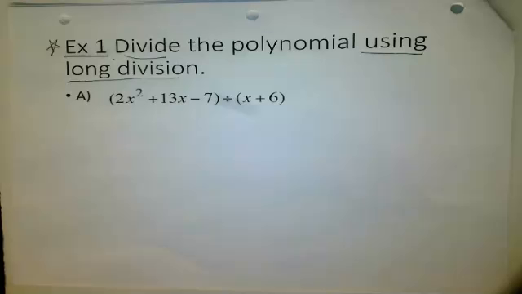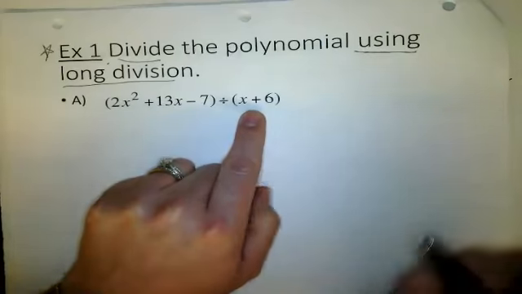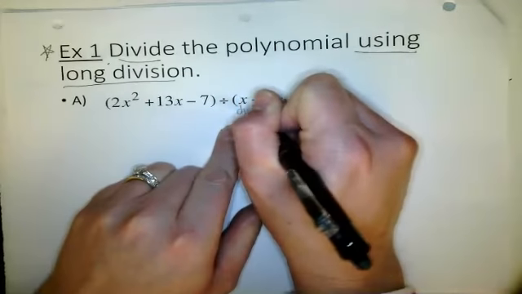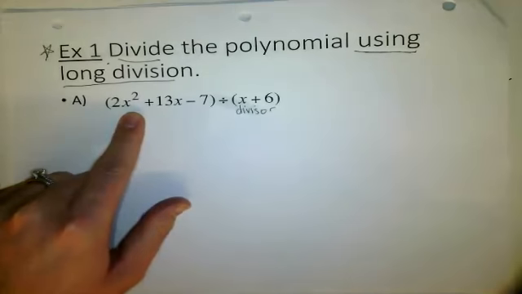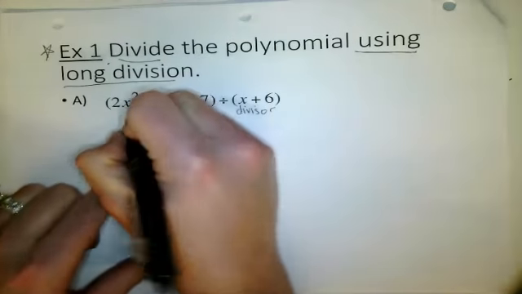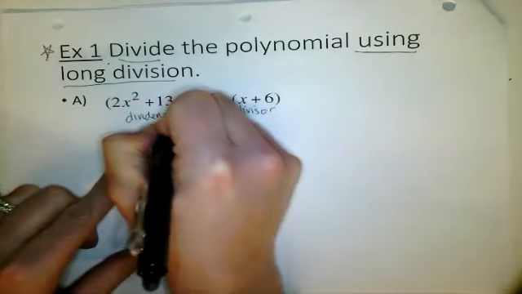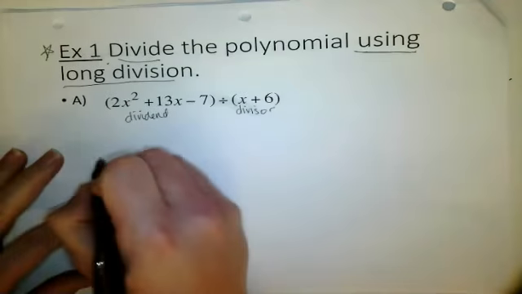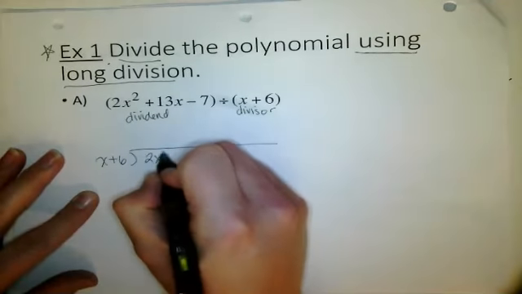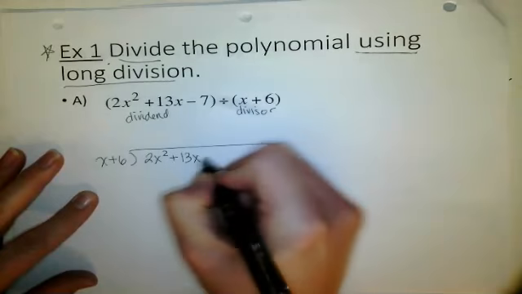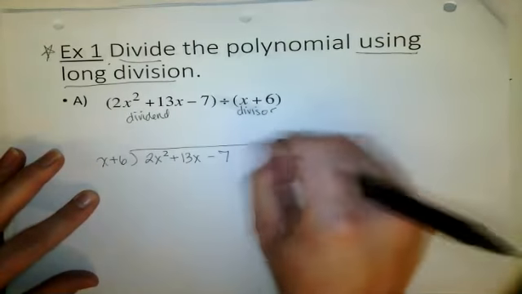All right, divide using long division. What is x plus 6 called? The divisor. What is 2x squared plus 13x minus 7 called? Dividend. All right, so we're taking x plus 6 and we're dividing it into 2x squared plus 13x minus 7.